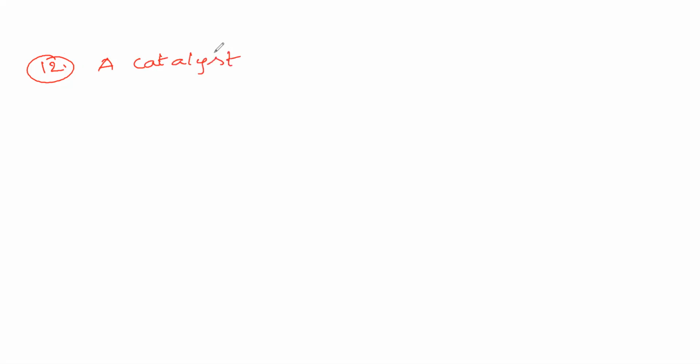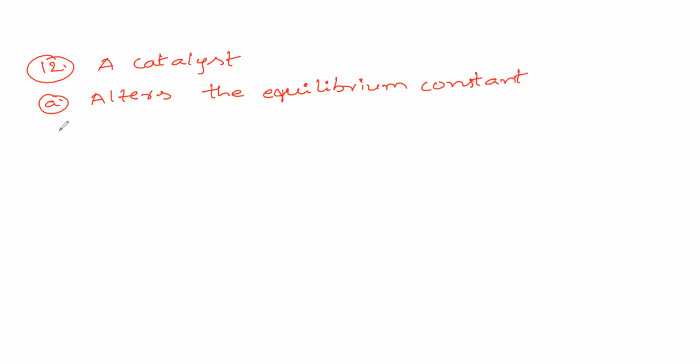So this question: a catalyst. First option, alters the equilibrium constant. Alters means changes. Second option, increases the equilibrium concentration of products.